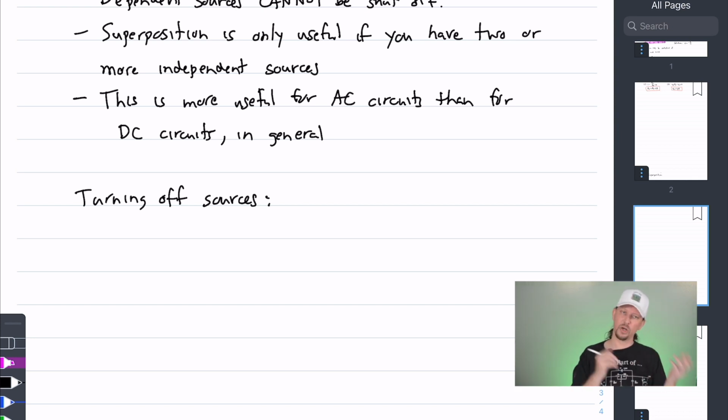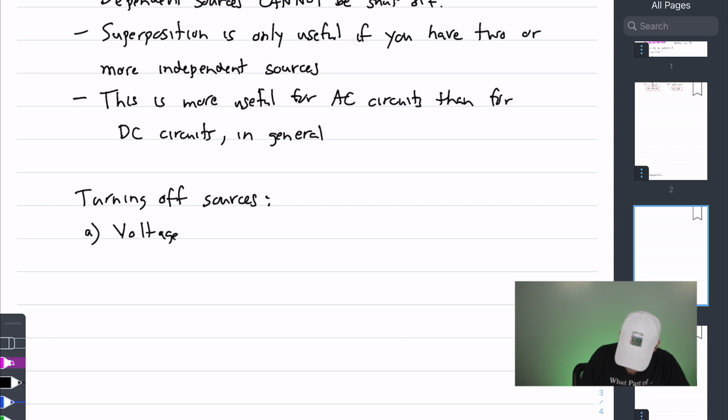And every time we shut off a particular type of source, we're either going to replace it with either a short circuit or an open circuit, right? So here, consider voltage sources. So our voltage source, suppose that it looks something like this.